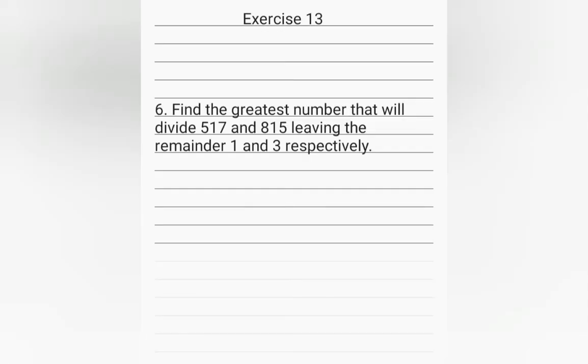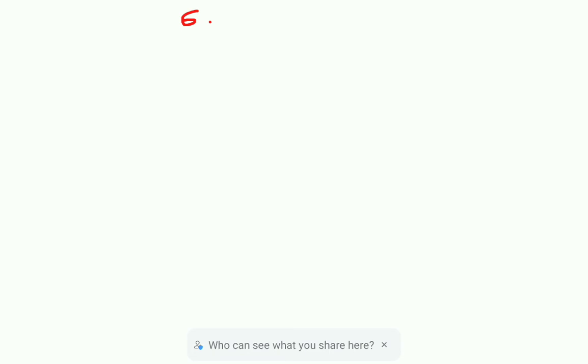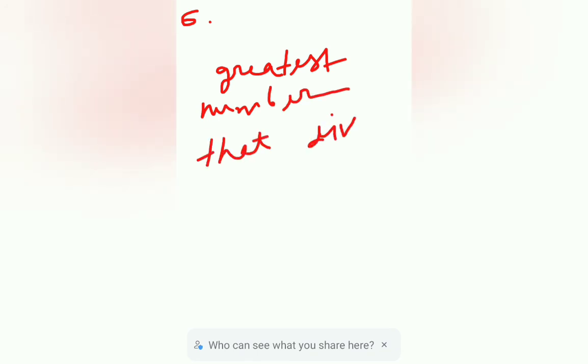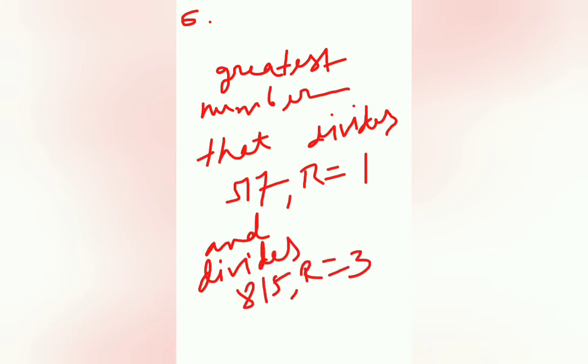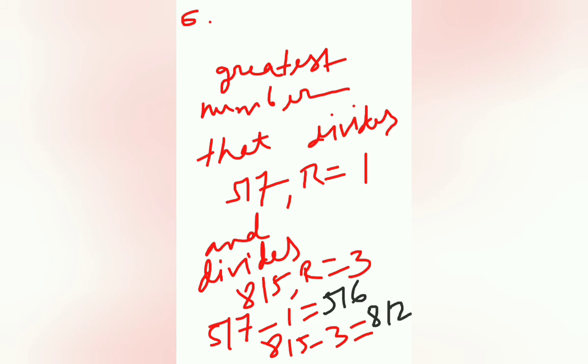Find the greatest number that will divide 517 and 815, leaving the remainders 1 and 3 respectively. The greatest number that divides 517, keeping remainder 1, and divides 815, keeping remainder 3. Subtracting the remainder from each case, you will get 516 and 812.